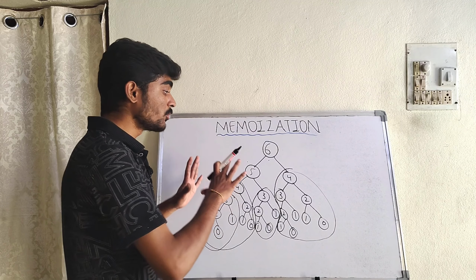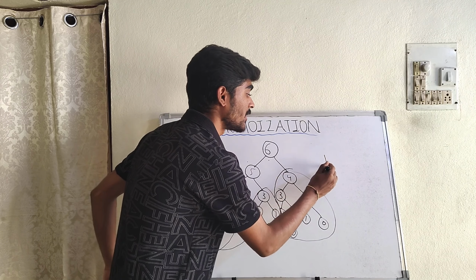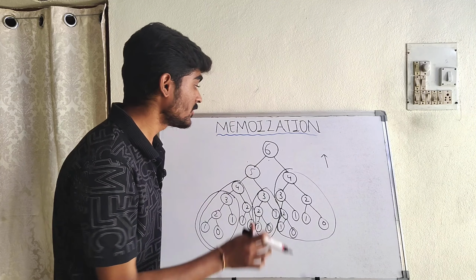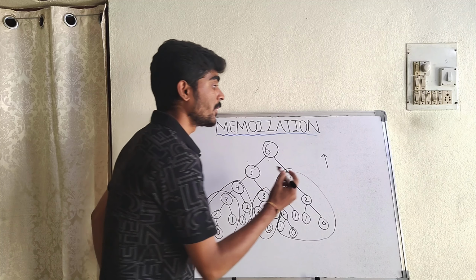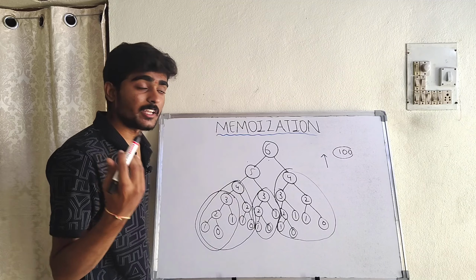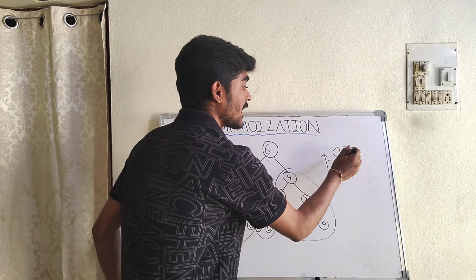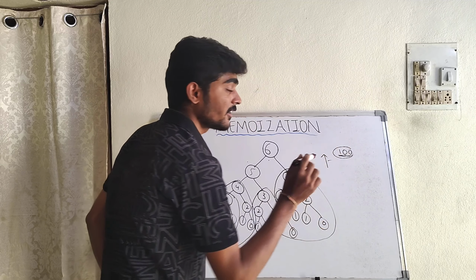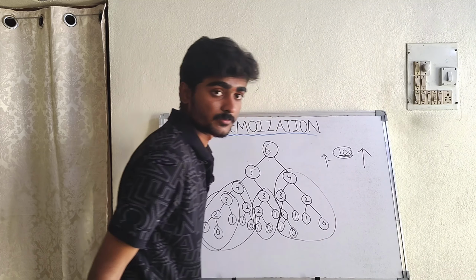Due to these recalculations, the time complexity is increased. This is a smaller number, so it's not very much affected. But when you take larger numerical values like 100, it will be highly affected, and the time complexity will be very much higher.